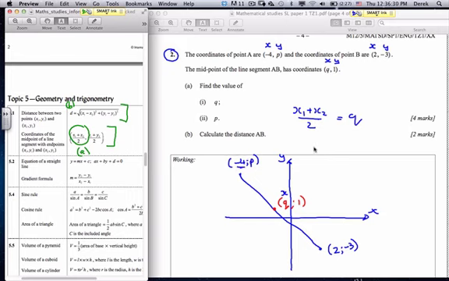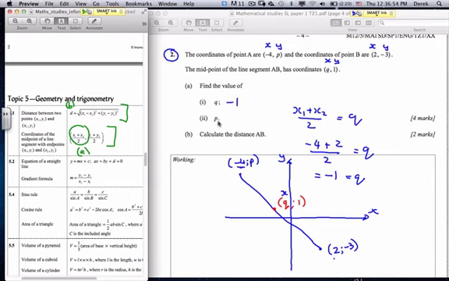So there's my 1 point, -4 plus, here's my other one, 2, over 2 is equal to Q, and so Q is going to be -4 plus 2 is -2 divided by 2 is going to be -1 is equal to Q. So Q is equal to -1.